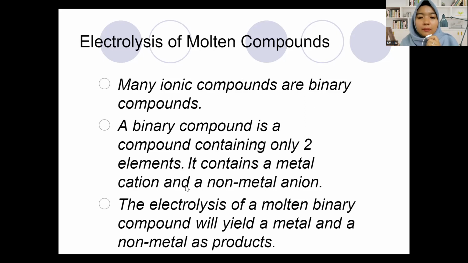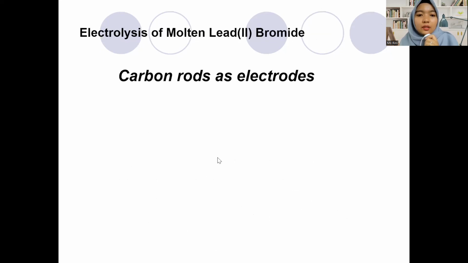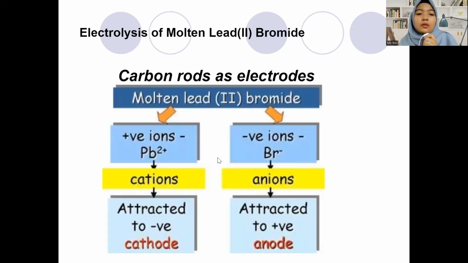A binary compound contains only two elements, and it should come from a metal cation and a non-metal anion. Let me show you the example of electrolysis of molten lead(II) bromide.